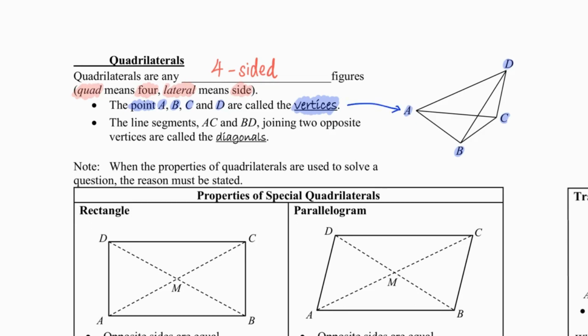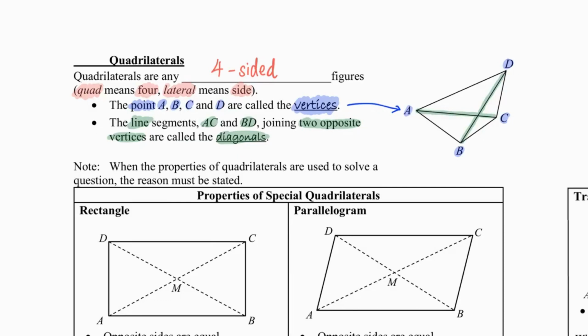And line segments, line is AC and BD, join two opposite vertices. This is what we call a diagonal. So this is the diagonal. Okay, so we've got some of the terms right.